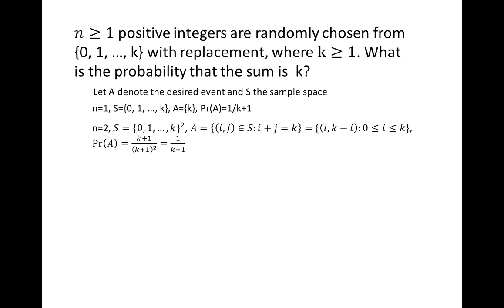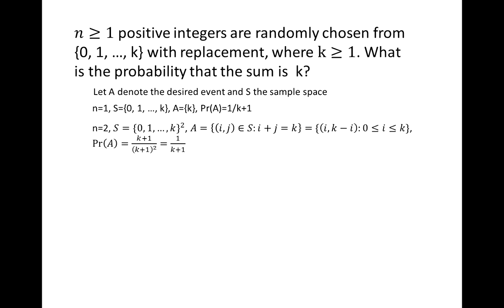When n is equal to 2, S is any two numbers from 0 to k and the two numbers can be the same. In this case, A is the possible pair of integers i and j from S, and also satisfy the condition that i plus j equal to k.